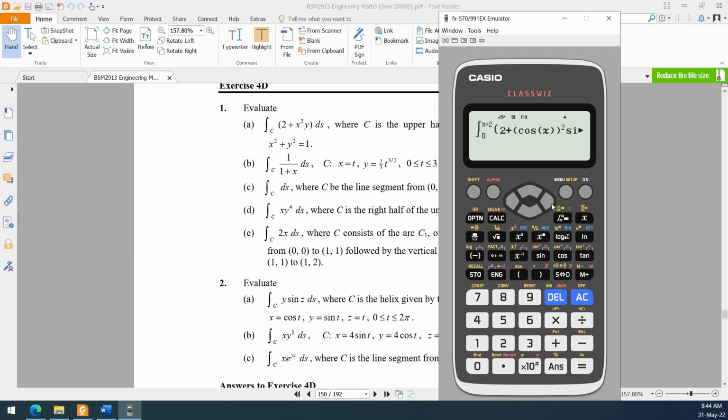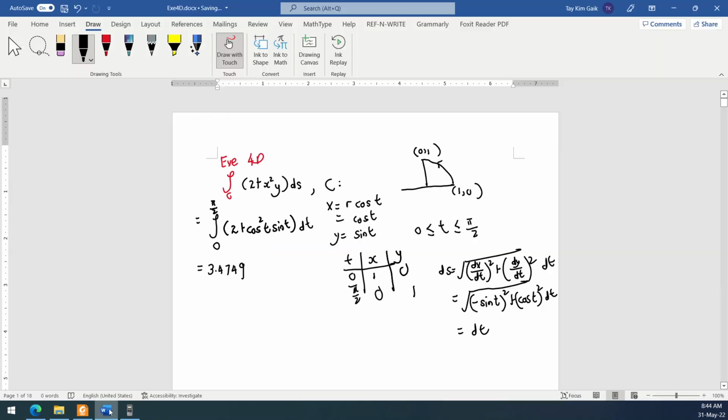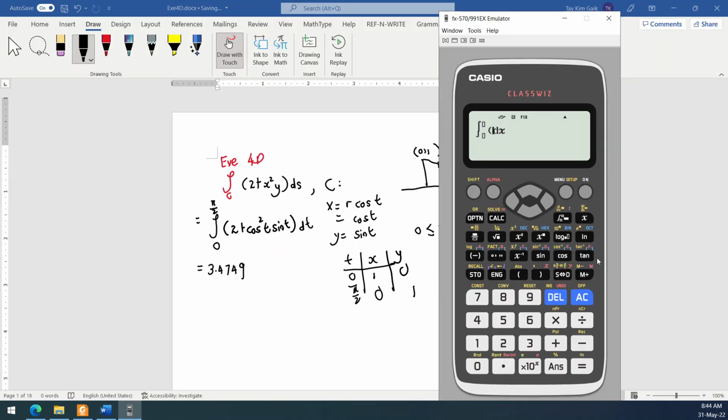Delete. Error again. 2 plus cos, I got the cos squared.